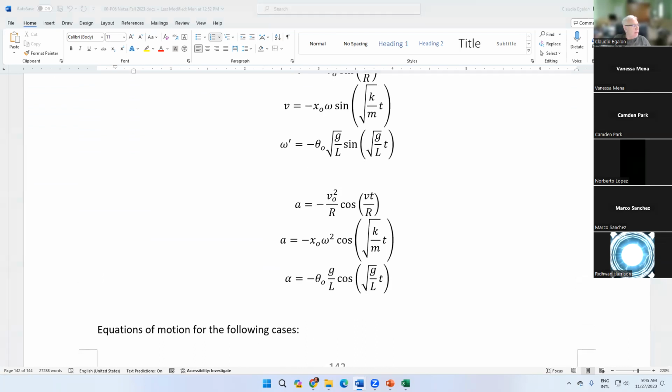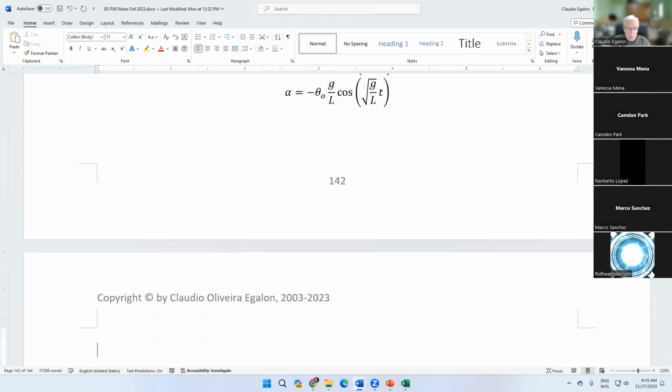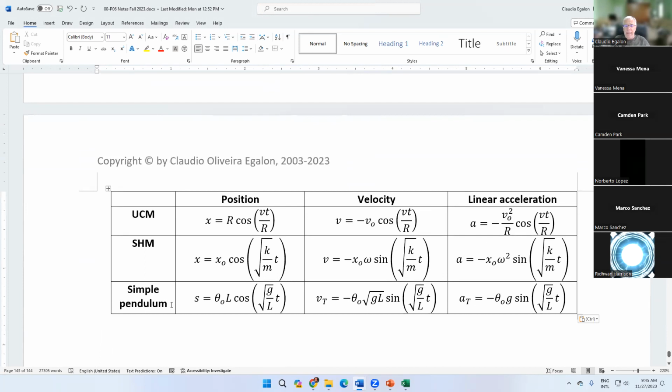If I put that in a table, tables are very nice. You folks have to practice reading tables, and then later on, it's very difficult to build a table. It's not easy. You have to have a certain set of skills to build a table.